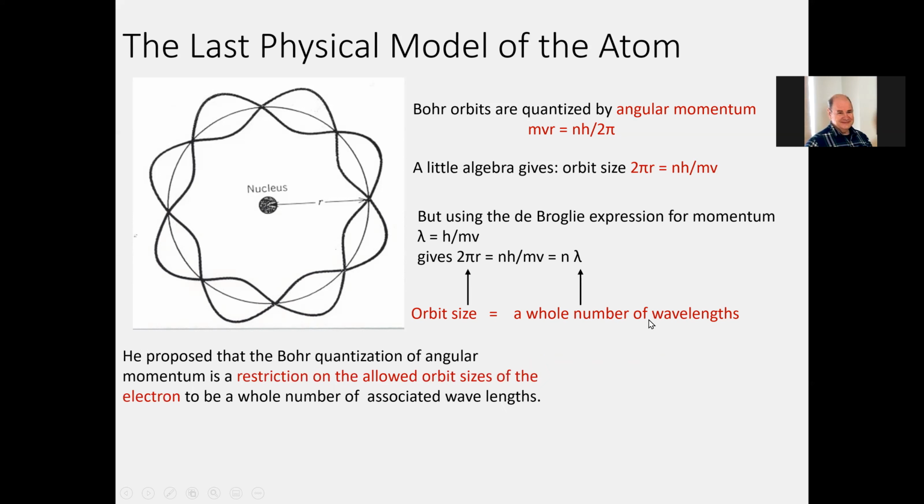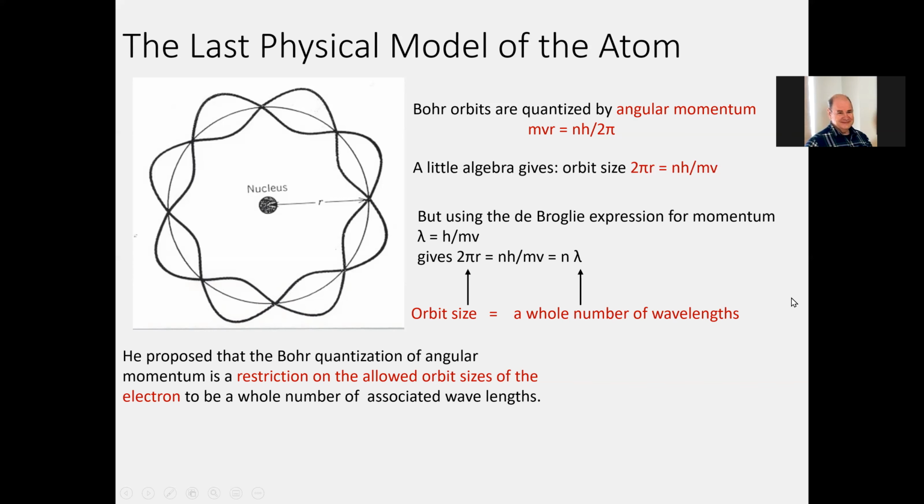And that's how he proposes why the Bohr atom is quantized the way it is. It's quantized because these orbit sizes are quantized in this natural way, because the electrons going around in these orbits have wavelengths, and the wavelengths determine how big the orbits can be, how big the circumferences can be.